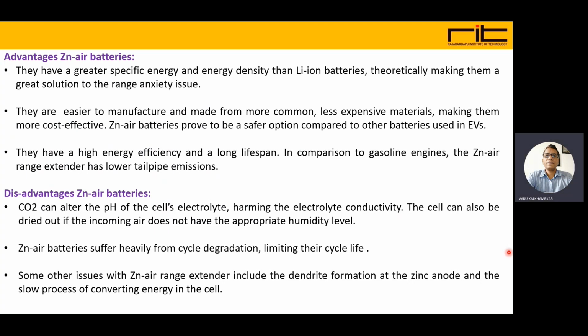Zinc air batteries suffer heavily from cycle degradation, limiting their life cycle. Some other issues with the zinc air range extender include dendrite formation at the zinc anode, which slows down the process of converting energy in the cell, affecting the overall efficiency of the cell.